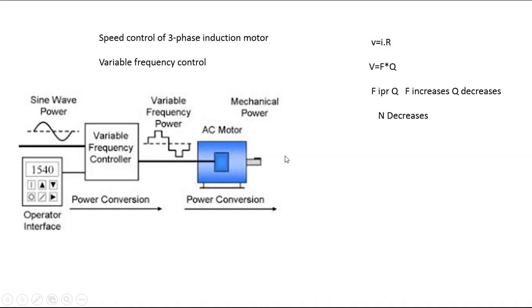So for high frequencies, the motor rotates with low speed, and for low frequencies, the motor rotates with a different speed. V is equal to F into Q. F is inversely proportional to magnetic field. From this expression, we can assure that as the frequency increases, magnetic field decreases.